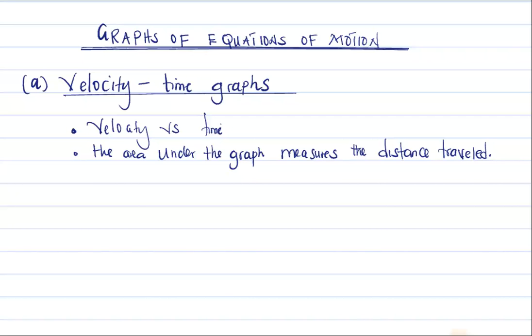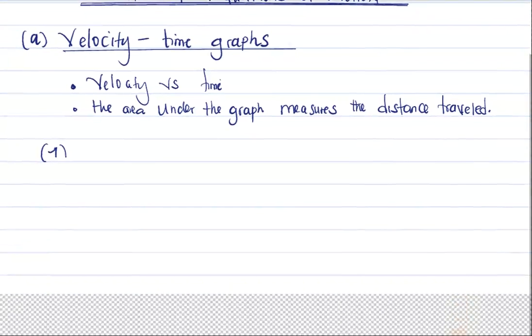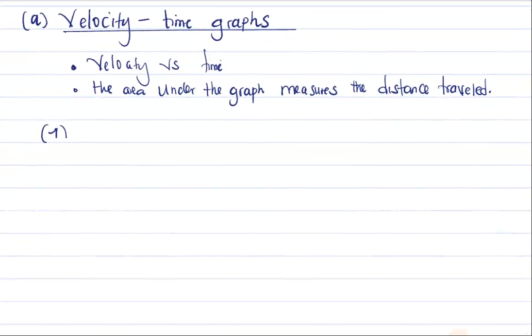We are going to look at three types of velocity time graphs. The first one is plotted as follows. So I'm going to plot it together here with you.